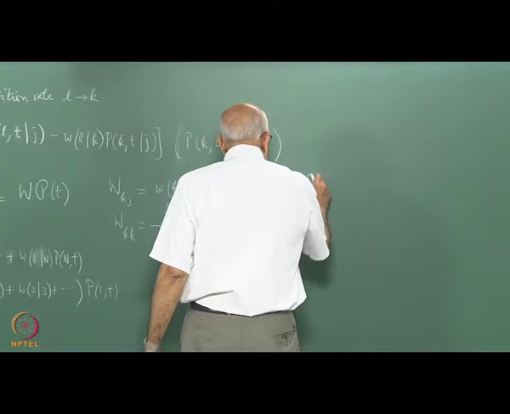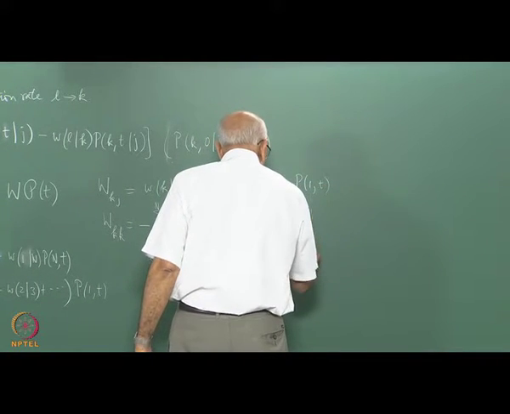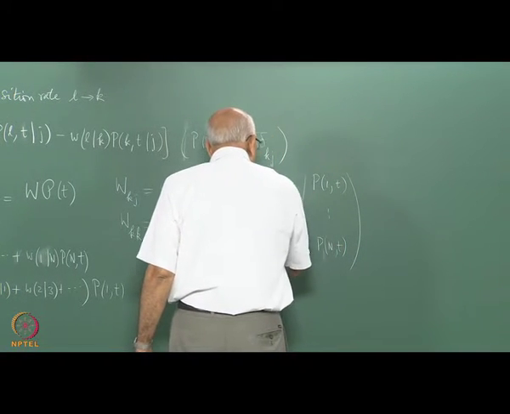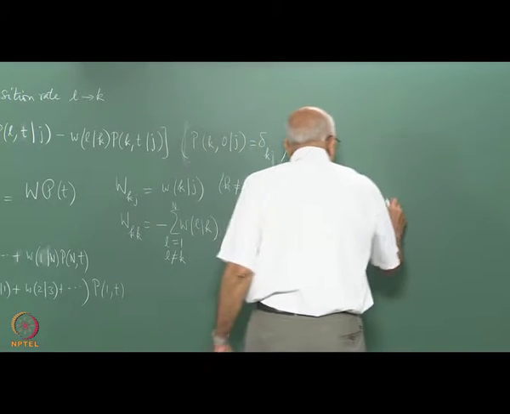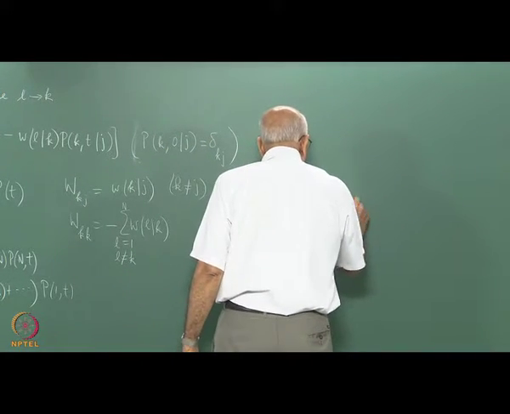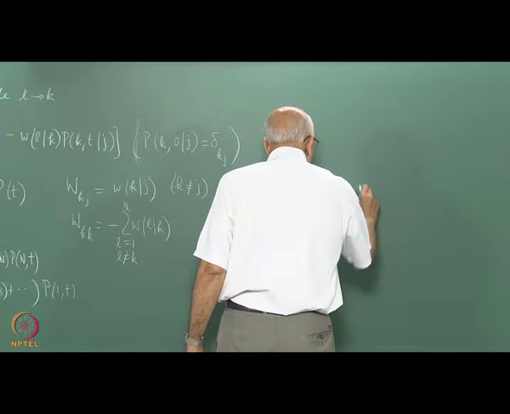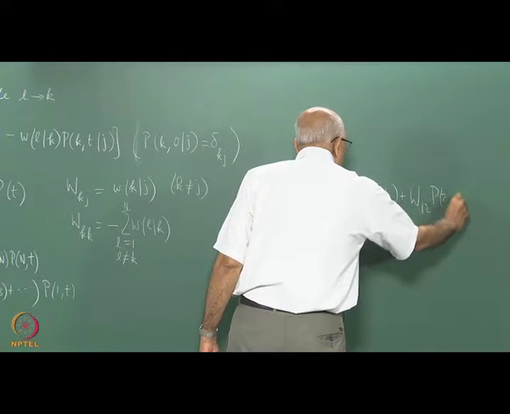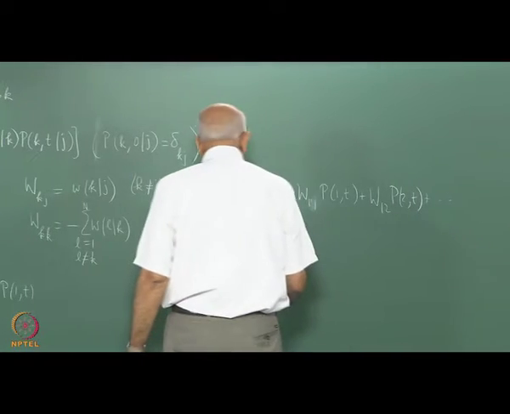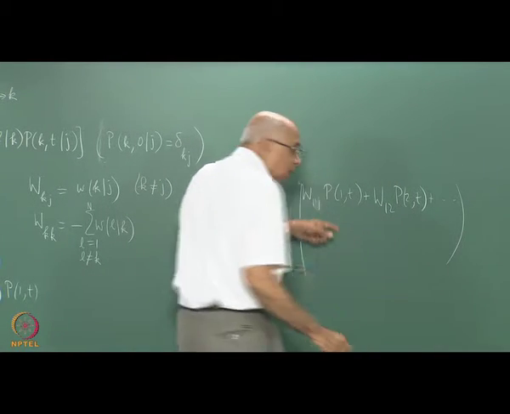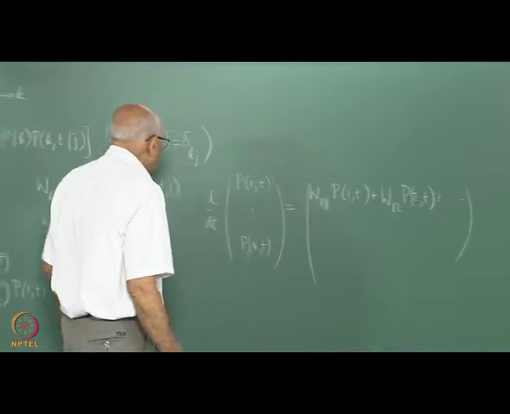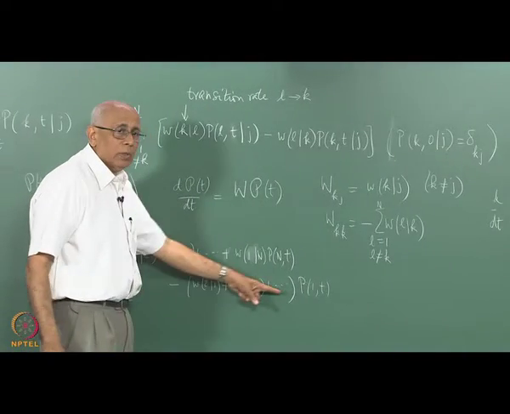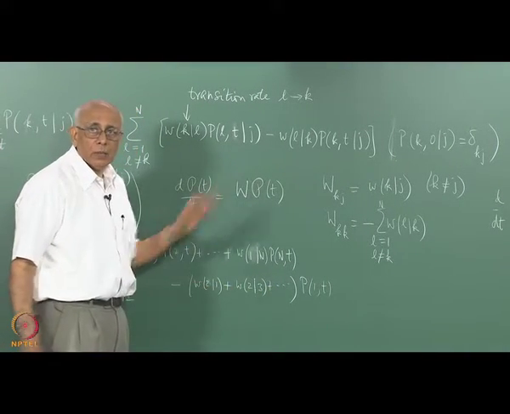It says d over dt of P of 1, t, dot dot dot, P of n, t equal to W times P. So that is W 11 P of 1, t plus W 12 P of 2, t plus dot dot dot etc. on the first row, and then similarly for the other guys. So dP1 by dt is this fellow here, and W 11 as you can see is minus of all these, just writing this out explicitly.